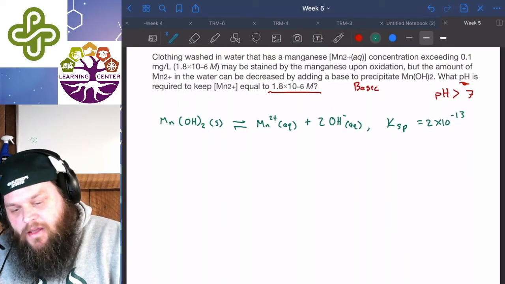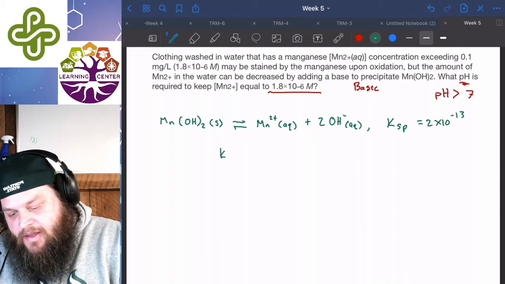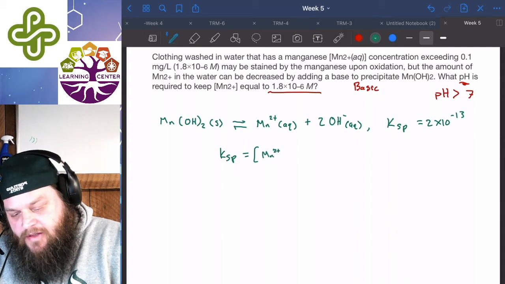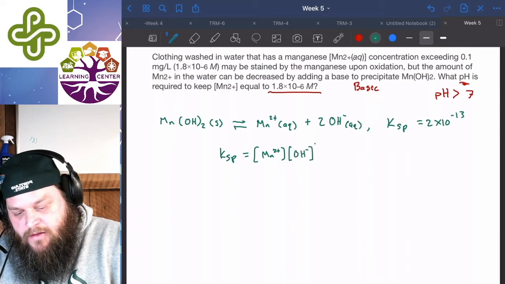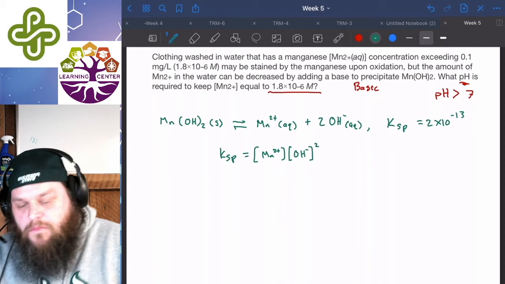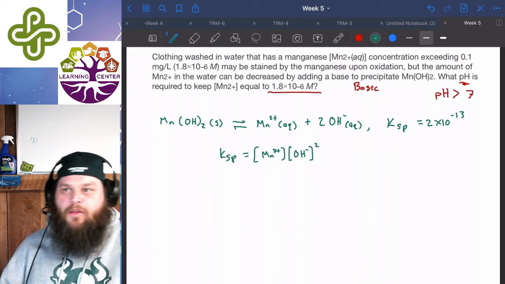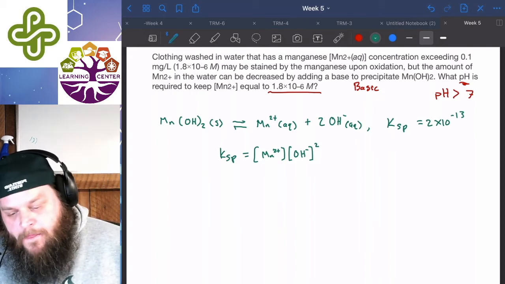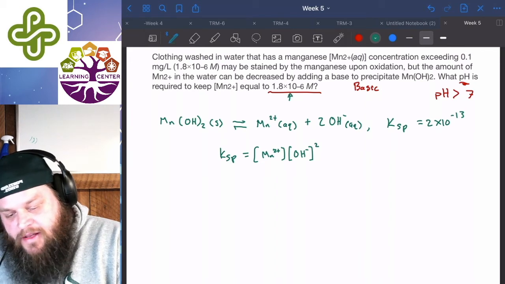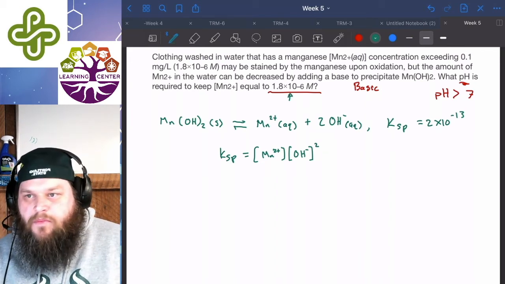So knowing that our Ksp is equal to the concentration of manganese 2+ times the concentration of our hydroxide squared, we should be able to solve this problem because we know what the concentration of the manganese needs to be in there.